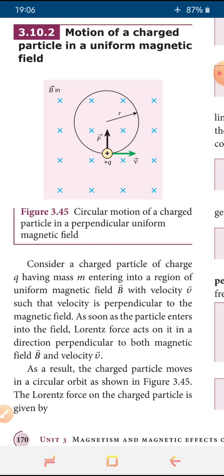As soon as the particle enters the field, the Lorentz force acts on the charge in a direction perpendicular to both the magnetic field and the velocity of the charge. Mass of the charge is m, q is the charge, its velocity is v. The Lorentz force is perpendicular to both the magnetic field B vector and the velocity v vector.